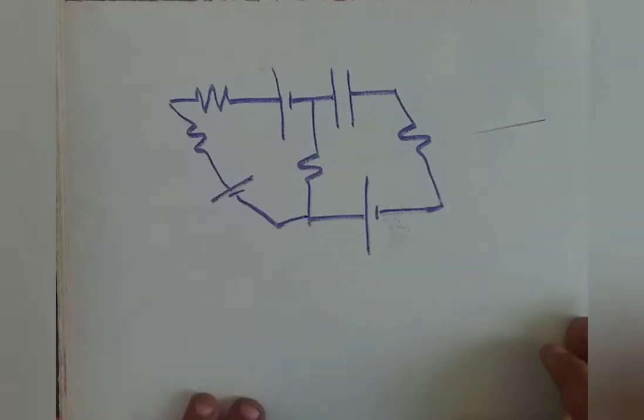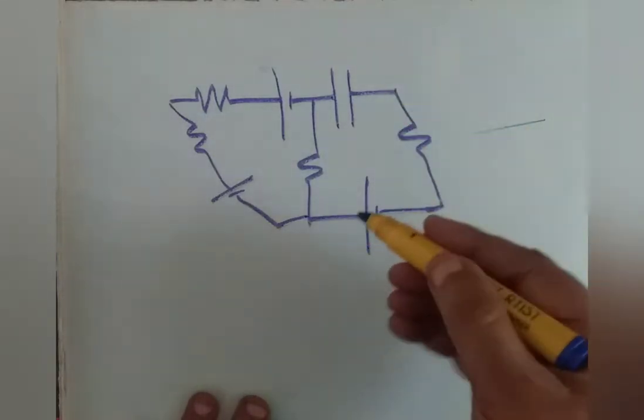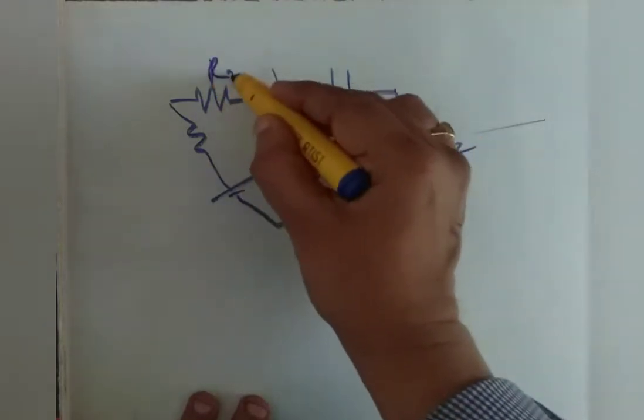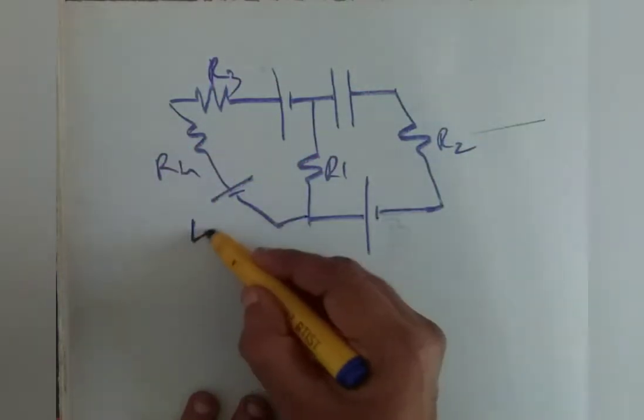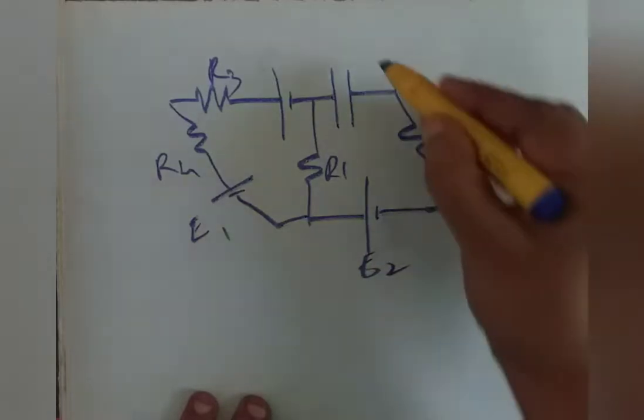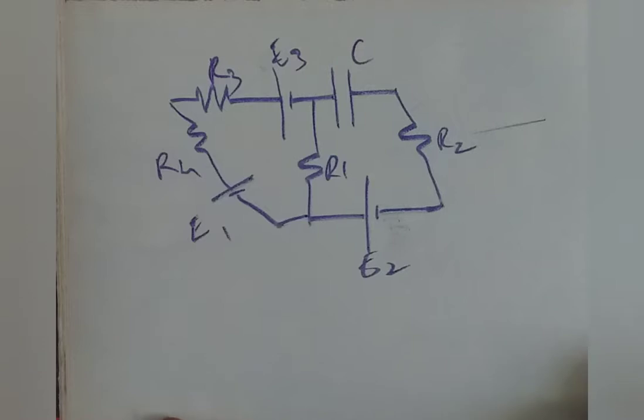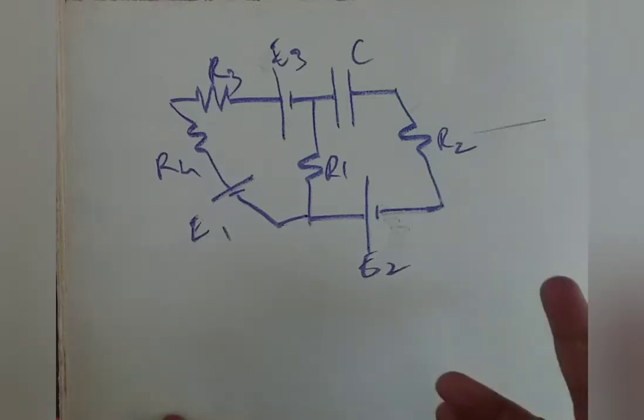Now, in this type of circuit which has a capacitor, resistors R1, R2, R3, R4, cells E1, E2, E3, and capacitor C, these are all complicated networks. What I have written is only an example.